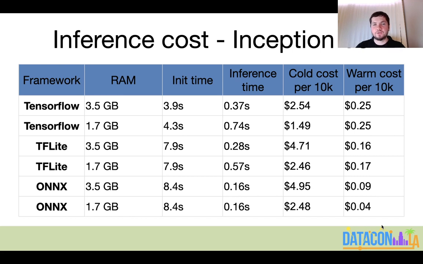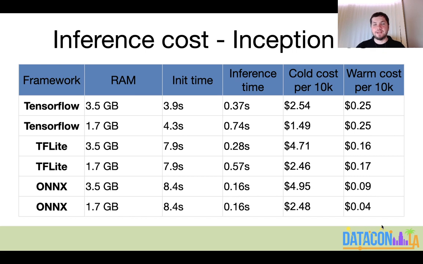And here you can see two times: init time, which is the time it takes to import all the libraries and load the model itself, and inference time, which is basically the time it takes to make a prediction for one image. So here you can see cold cost and warm cost. Cold cost is inference time plus init time, and warm cost is just inference time.